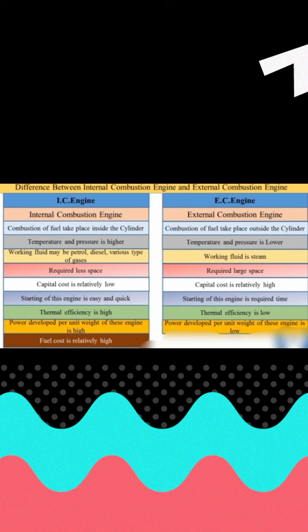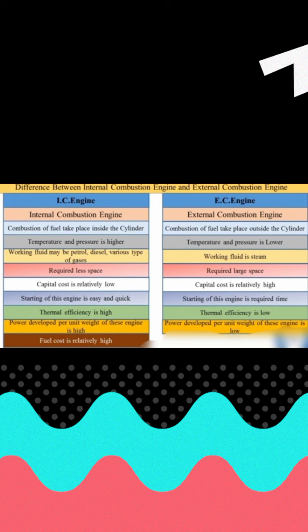Temperature and pressure are high. Working fluid may be petrol, diesel, or various types of gases. Requires less space. Capital cost is relatively low. Starting of this engine is easy and quick. Thermal efficiency is high. Power developed per unit of this engine is high. And fuel cost is relatively high.